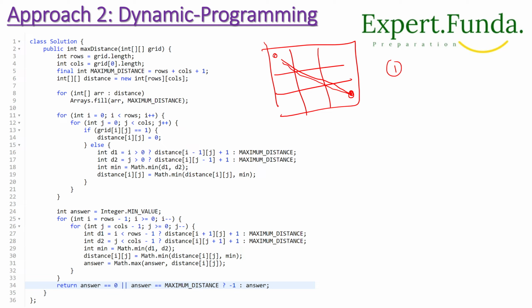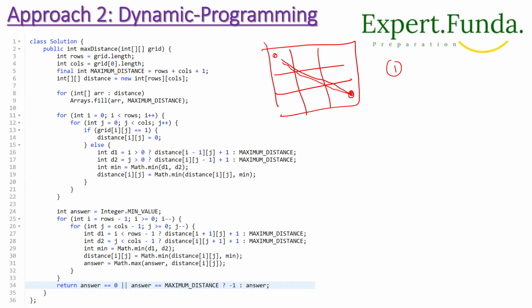So we have to traverse from top left to bottom right, and we have the minimum distance of all the upper and left cells, as those cells have already been traversed. Similarly, if we traverse in reverse, from bottom right to top left, we will have the minimum distance of all the cells in the right and down directions.